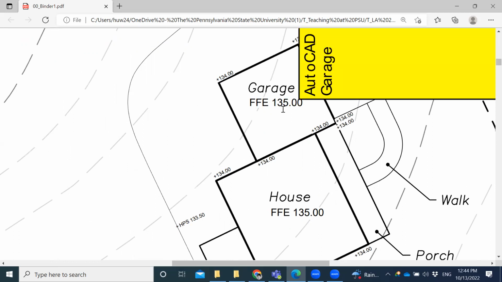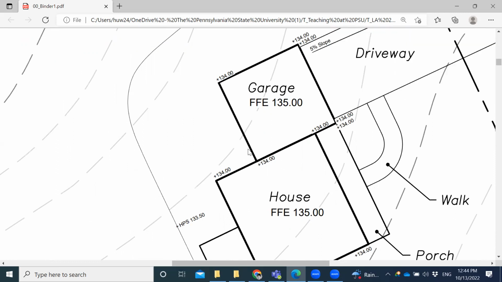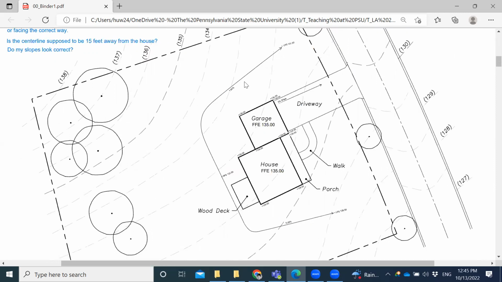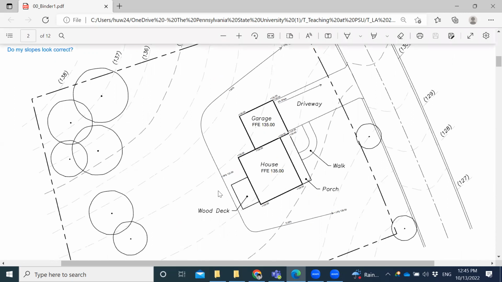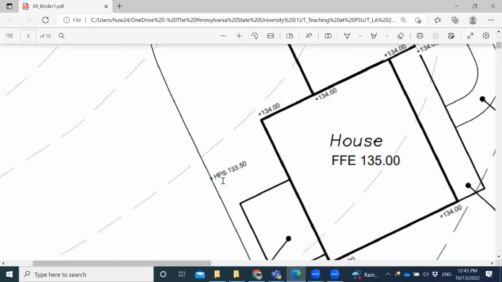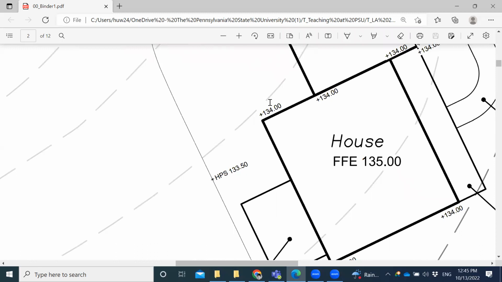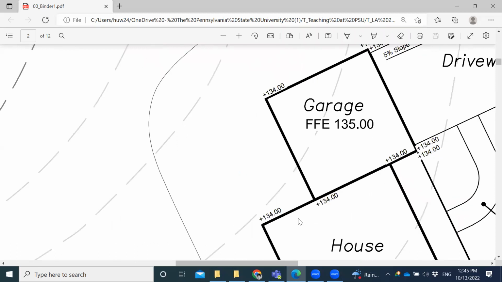Now, if we're still using your old garage FFE, for these spots, you don't have to lower it down. What we did was, that's too gentle. If we want to raise it, we can raise my HPS. And it's easy to raise my HPS because I push these spots down where I don't have to push it down.